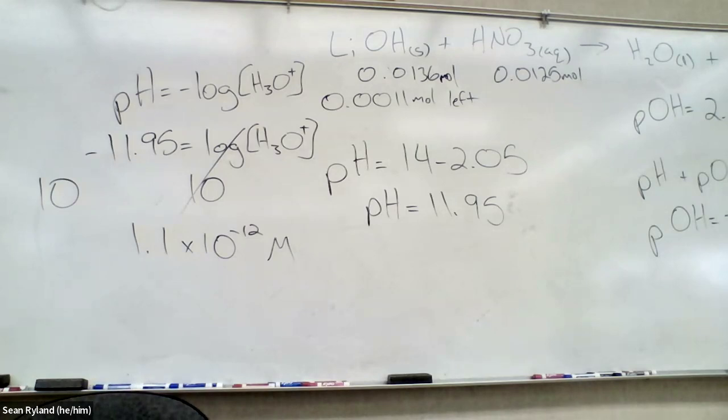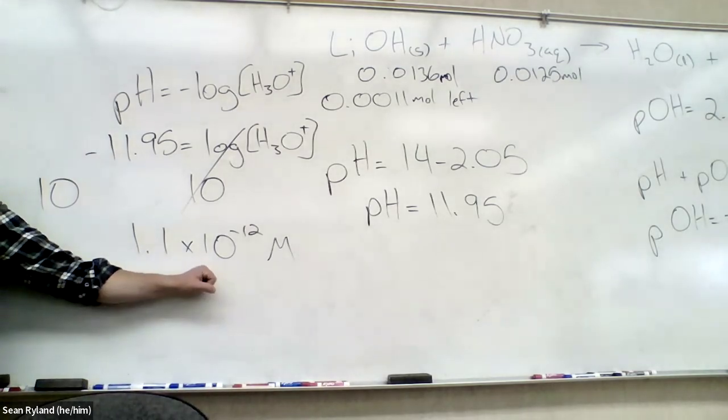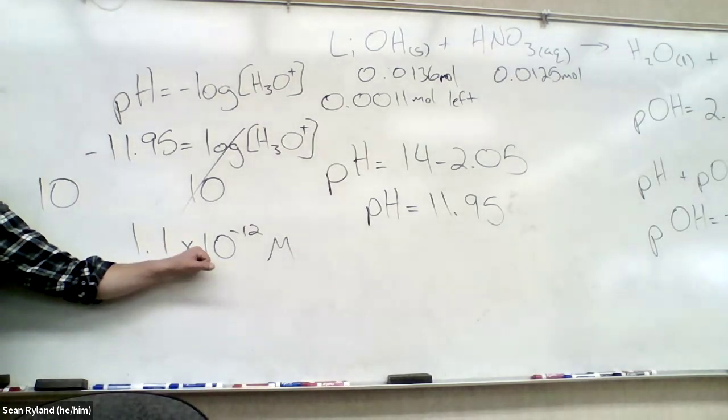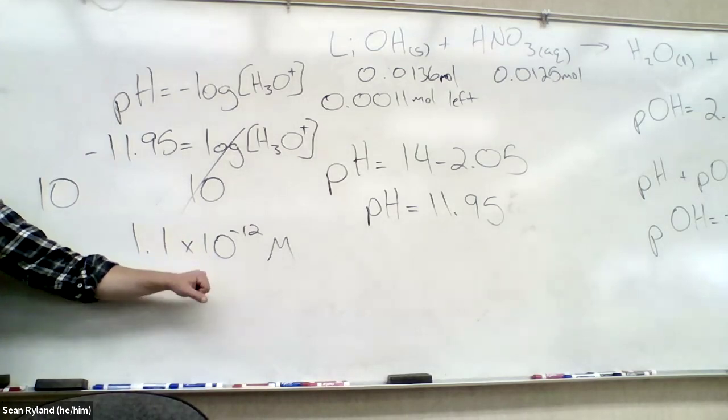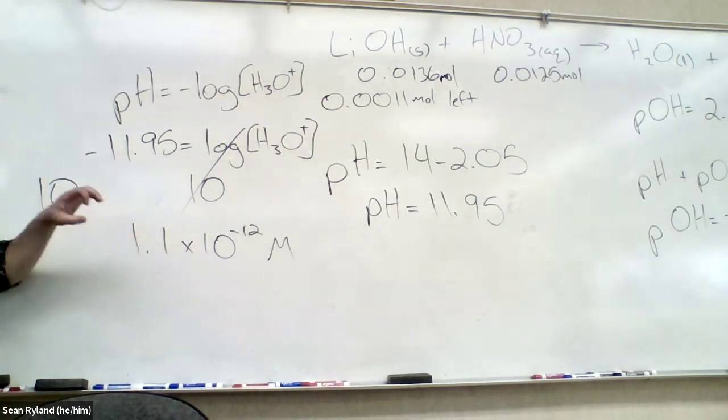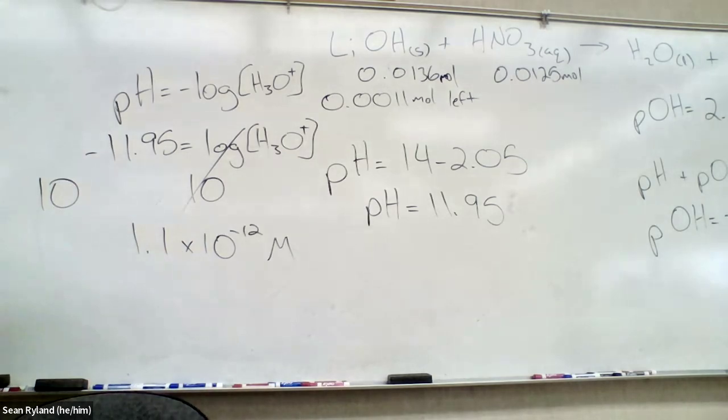So really close to zero. It's not zero. It can never be zero. In water, you will always have some hydronium and some hydroxide. The more hydroxide you have, the less hydronium you have, but you can never get it to zero. And so you'll always have some amount of hydronium left.